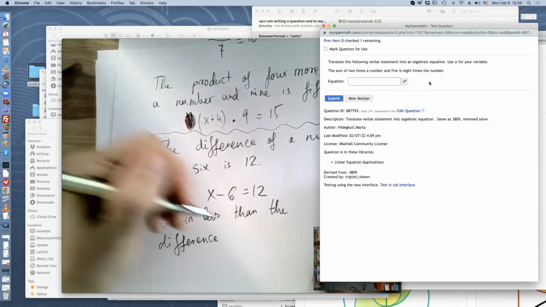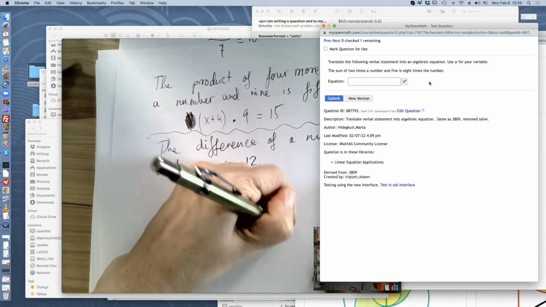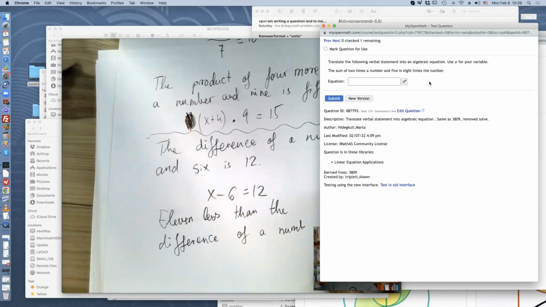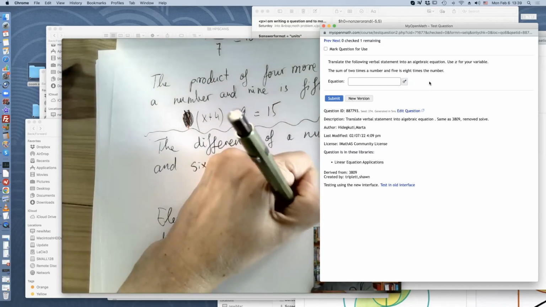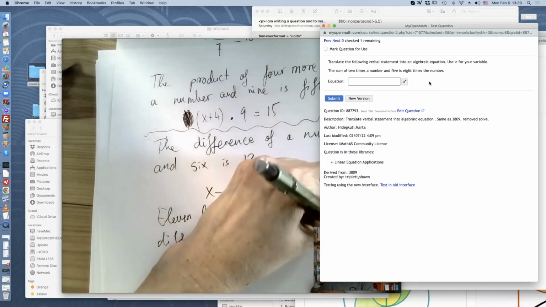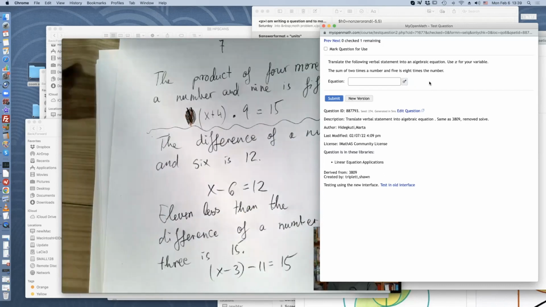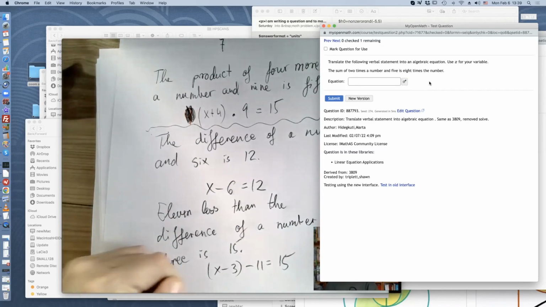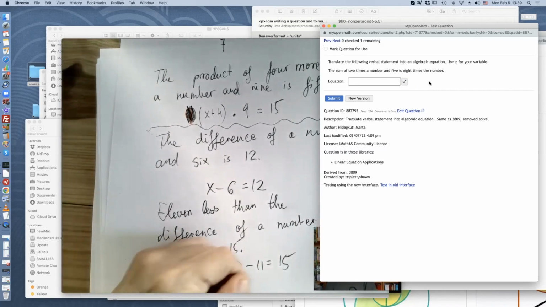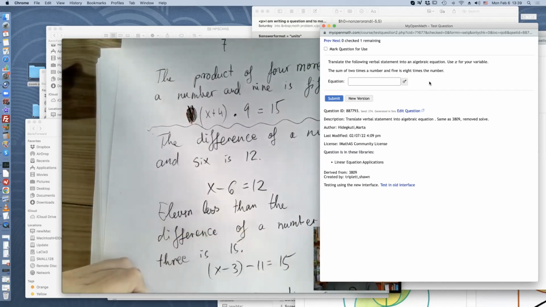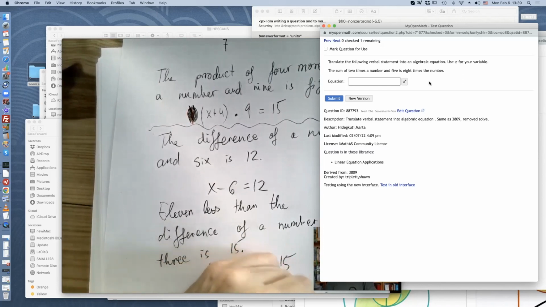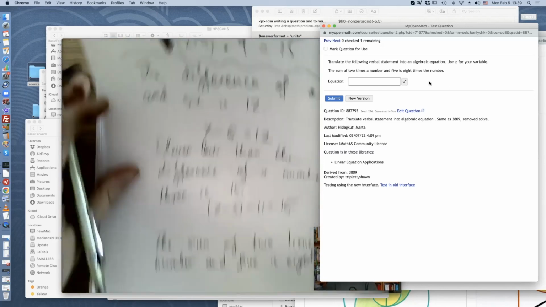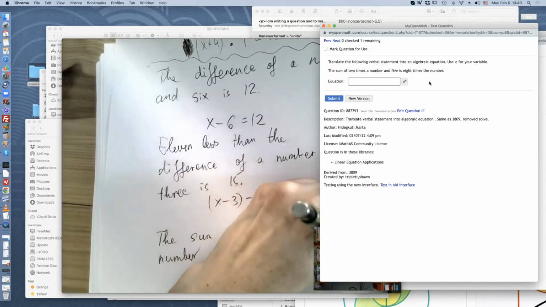Difference of a number and 3. Translate that. The sum of 2 times a number and 5 is 8 times the number. Yep, correct answer is in the box.